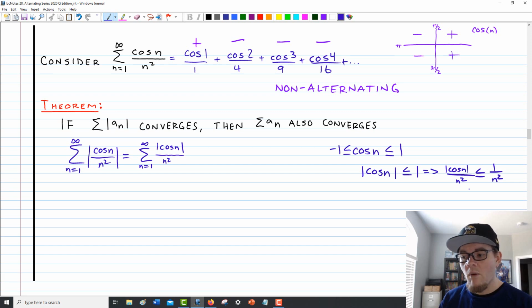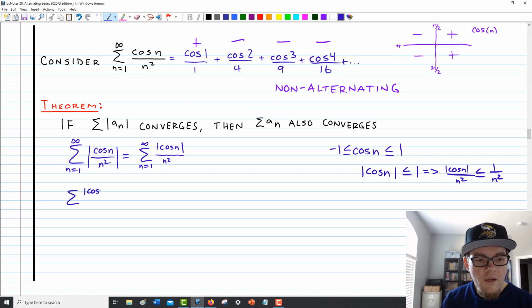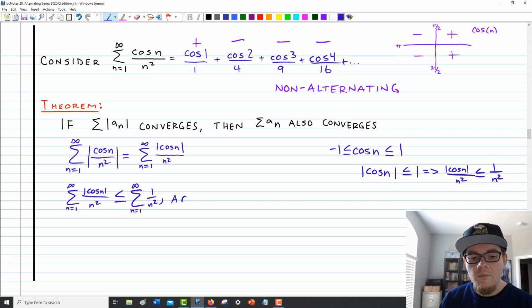So what we've just shown is that there's a term-by-term comparison that's valid here, and they're both positive, so this works out really nicely. According to this, we can then say that the sum of cosine of n over n squared from n equals 1 to infinity is less than or equal to the sum of 1 over n squared from 1 to infinity, and that is a convergent p-series.